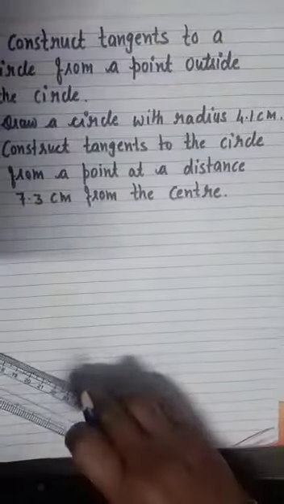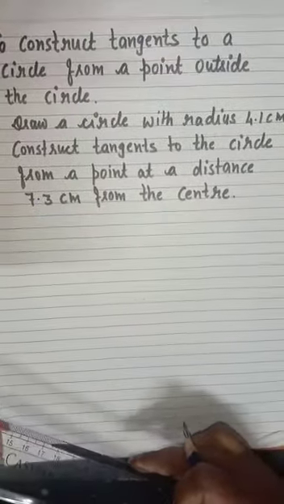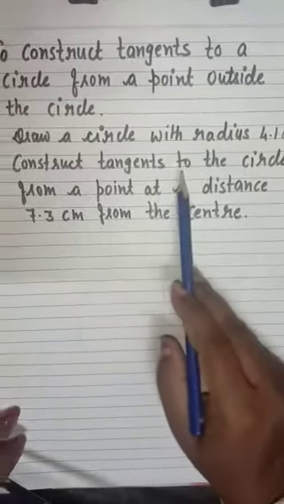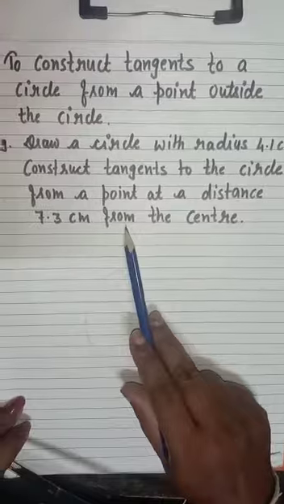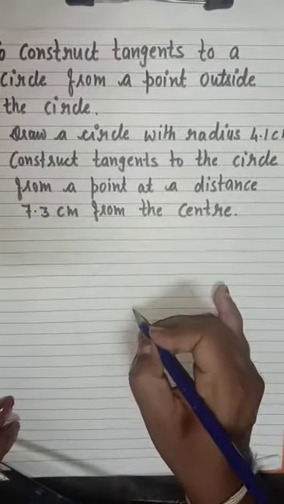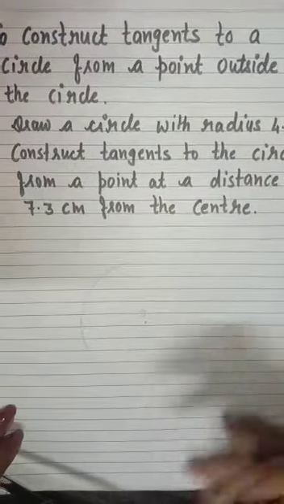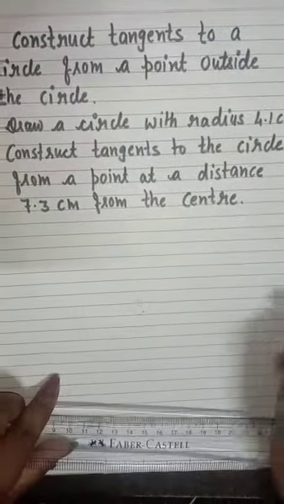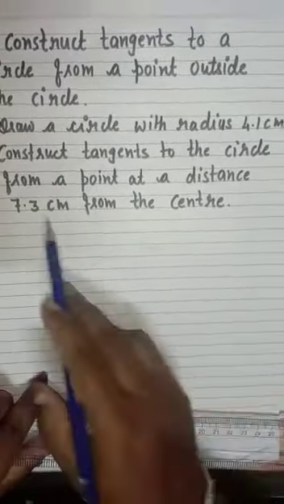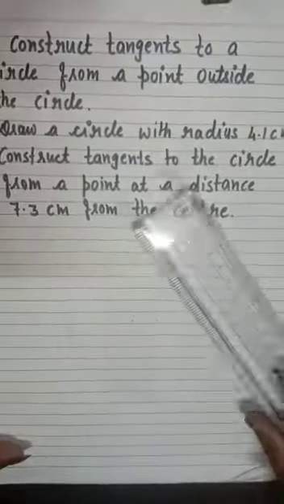Now what is the next thing? Construct tangents to the circle from a point at a distance 7.3 from the center. Suppose O is the center of the circle. Now we'll take a point outside the circle which is 7.3 centimeter from the center.